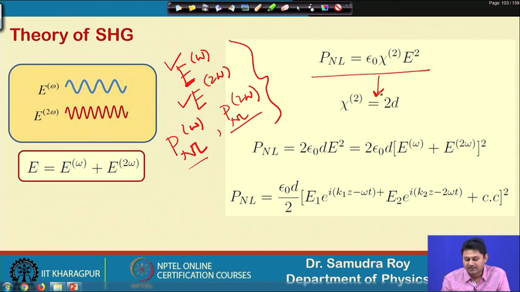In different books you find that they represent chi 2 in terms of D, and the relation between chi 2 and D is that chi 2 is equal to 2 multiplied by D. So, if I use this, then my P nonlinear is 2 epsilon 0 D E square.